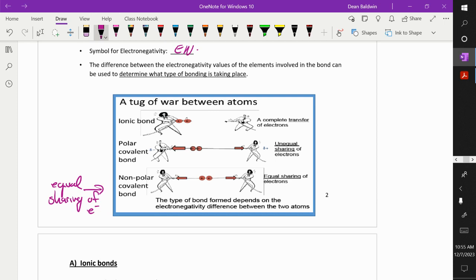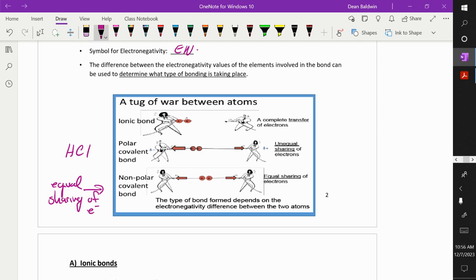Okay, so this would be like, I don't know, did he give an example yesterday? Was it hydrogen chloride, HCl? Sodium chloride's ionic. I don't like sodium chloride because that's more ionic. Let's use HCl.